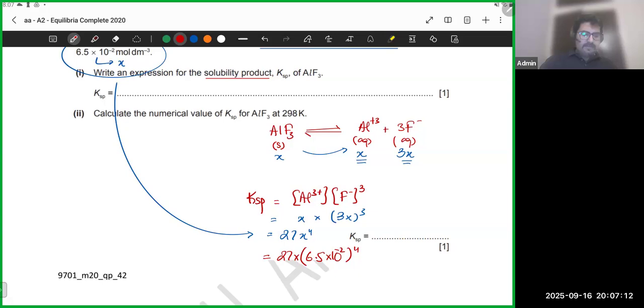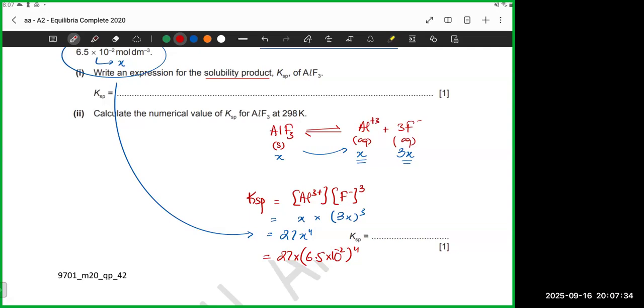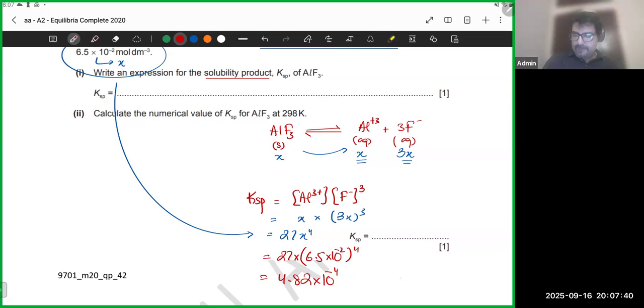What do you get? 6.5 e minus 2. Isaac, are you doing this? Hala? Ibrahim, calculator hai? Minus 2, that's okay, that's power 4. And then it's getting multiplied by 27. 4.82 times 10 to the power of negative 4. 10 power negative 4, right? And you have to give the unit as well.